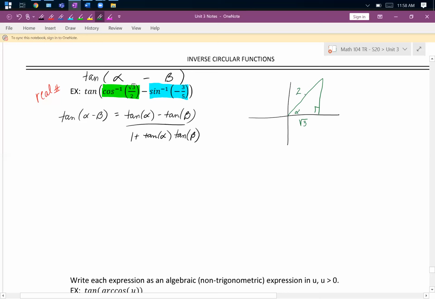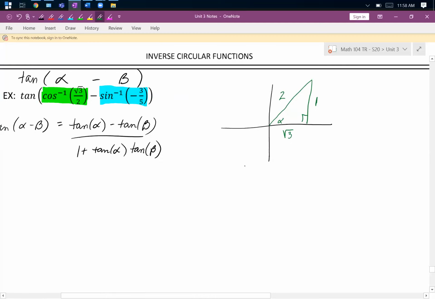And then we'll do the Pythagorean theorem to find the opposite side because we're going to need that for tangent. So that's going to be 4 minus 3, square root of 1 is 1. So we can conclude from this triangle that tangent of alpha is opposite over adjacent, or if we rationalize it, square root of 3 over 3.